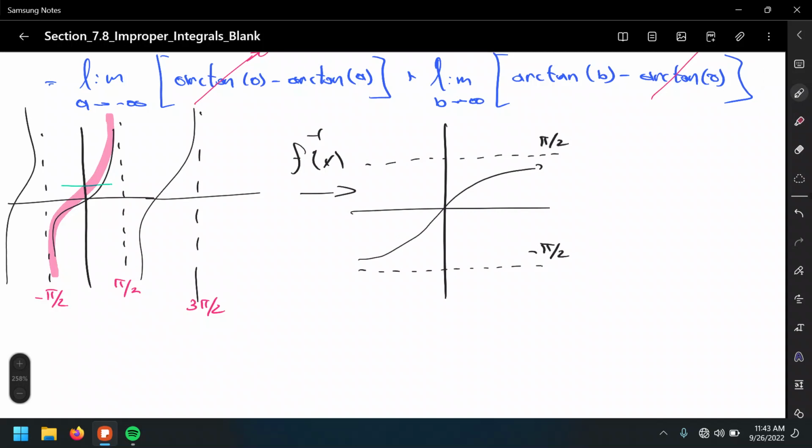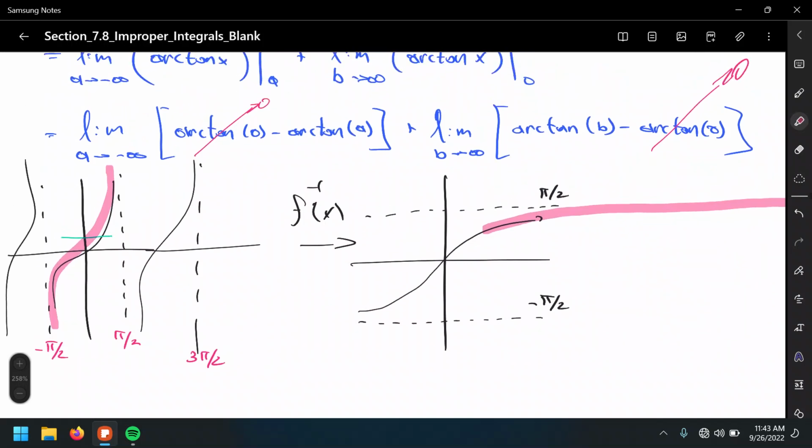Now, let's evaluate the limit for arctangent when a approaches infinity. From the graph it's easier, because what's going to happen? All we're doing is approaching asymptotically from below, towards the top, to pi over 2.